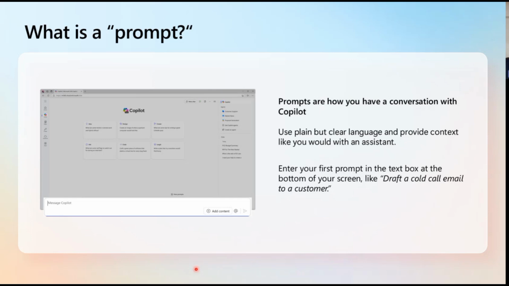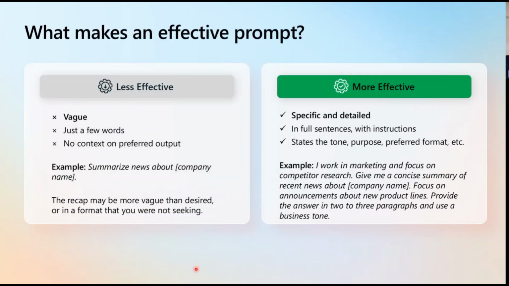We only have less effective prompts and more effective prompts. So we'll be seeing the difference between the two of them, and we'll see why it's very important to have effective prompts. All right, moving on. So these are the two different types of prompts: the less effective prompts and the more effective prompts.